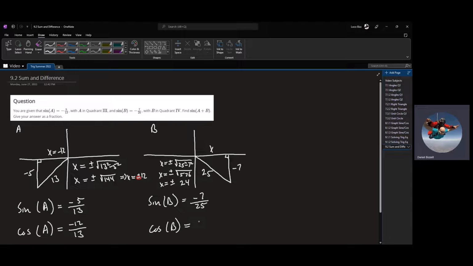Now that we have that, we know what cosine of B is, and in this case, our x is positive because we're going in the positive x direction. So this one's going to be 24/25.